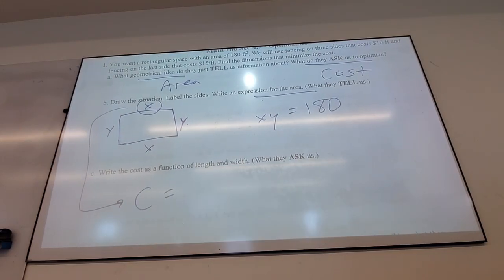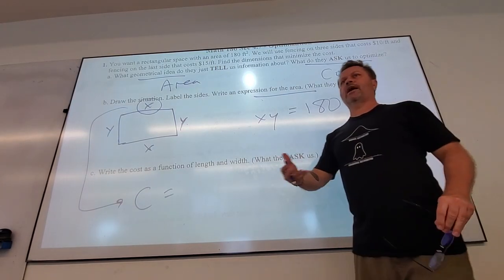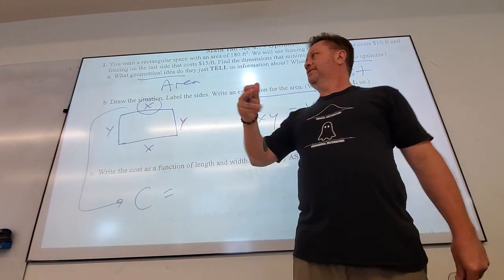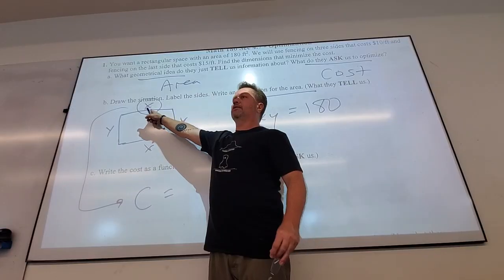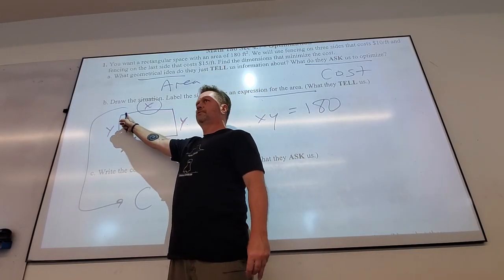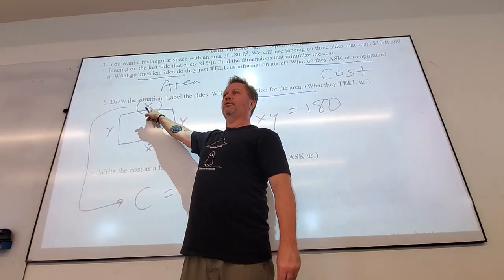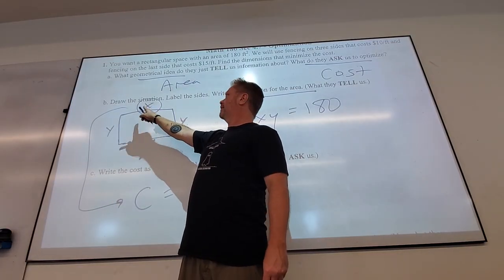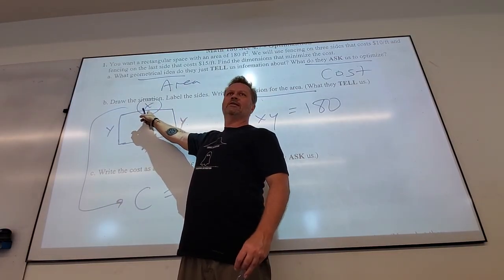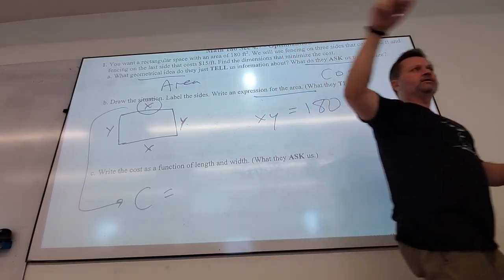The cost: if I want to figure out how much something costs, and I have several parts, I just add the cost for each part. So how much is this side going to cost? How long is this side? x feet. And it's how much per foot? 15. So how much total money? 15x just to get that side done, correct?